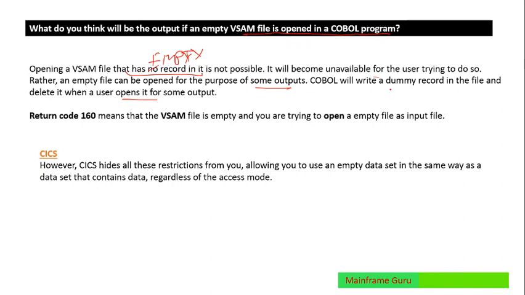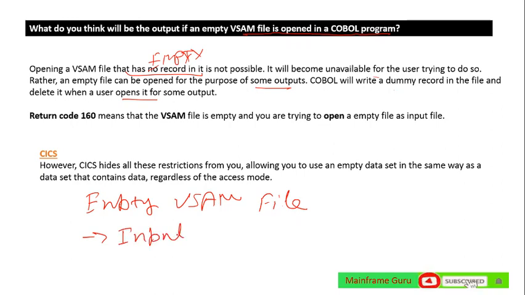Like there is one empty file. One file you have is an empty VSAM file. The first file you have opened as input, and the second file you have opened as output. It means our job will fail at input because it will not be able to open the empty VSAM file.